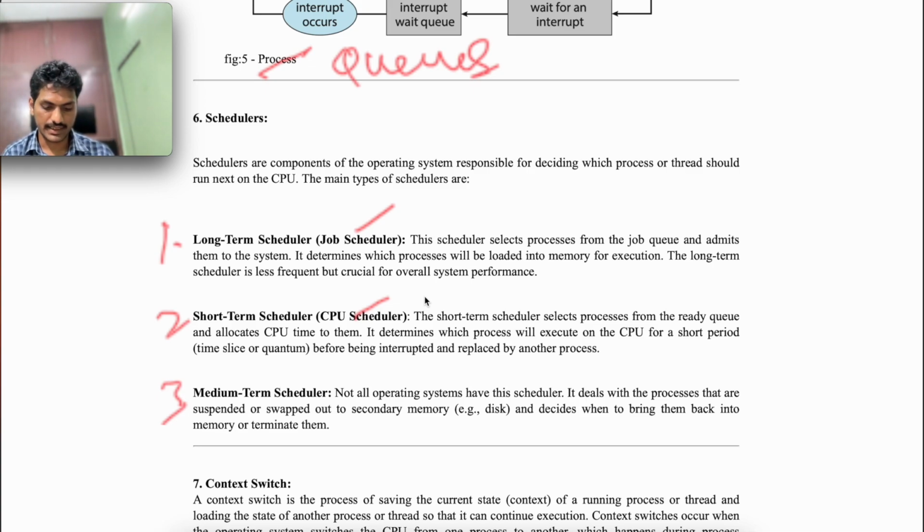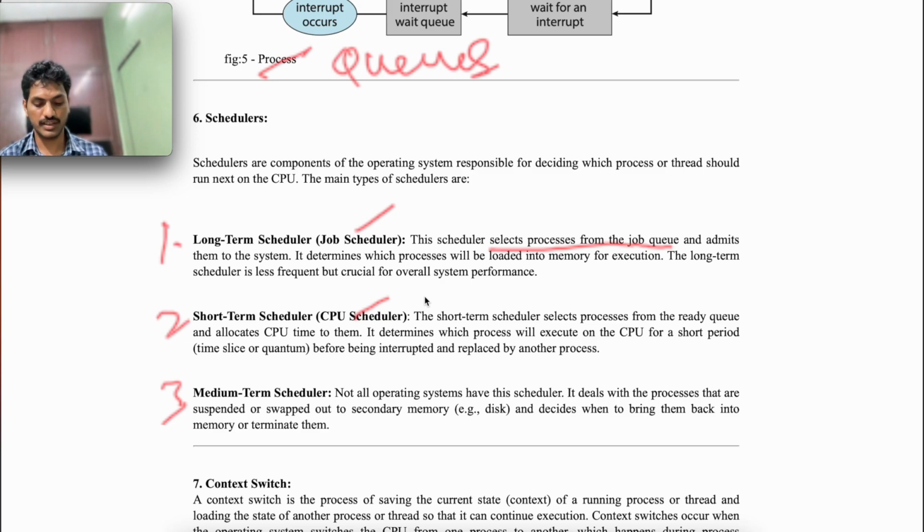What does the long-term scheduler do? It selects a process from the job queue.